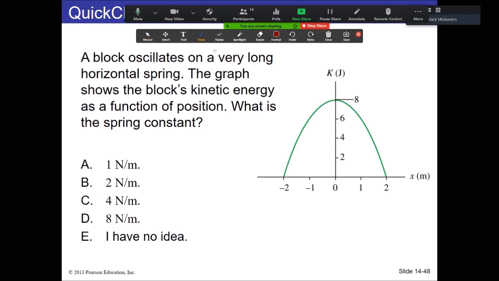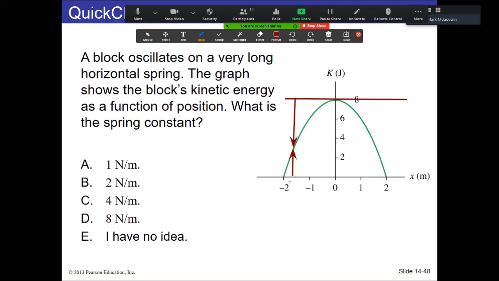The system energy is up there. If you have any difference between the system energy and the kinetic, that's potential energy. So the bottom portion here is the kinetic, and the rest of it is the potential energy. We shift back and forth, back and forth. So the total system energy here happens to be 8 joules.